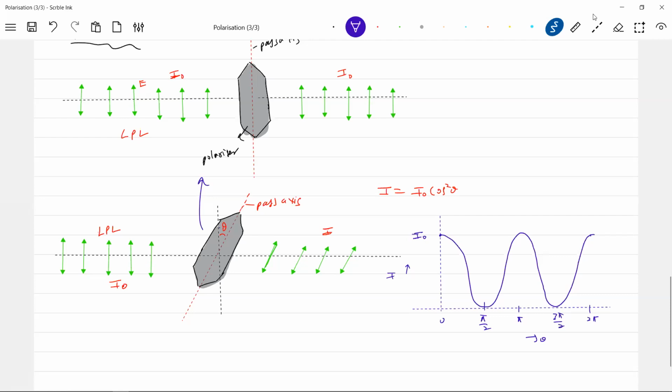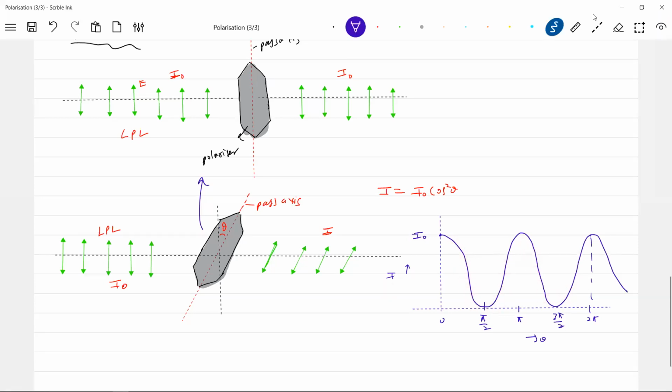So the intensity of the light is varying, and somewhere it becomes 0. When the pass axis is perpendicular, along the z-axis, I don't see any light, it will be pitch dark. Then light is coming again, and I can notice the variation of intensity here.